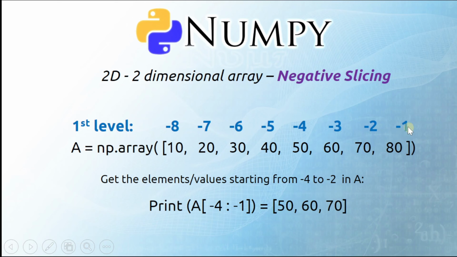And the value at -1 wouldn't be included. So it will give you 50, 60, 70, which makes sense. Let's say if you needed all the values from -4 all the way to the end, you wouldn't type -1 here. You would leave it empty, okay? Because -4 colon would give you everything starting from the -4 index all the way to the end. Here, however, it will give you everything starting from -4, but it would not include the value of -1. All right?